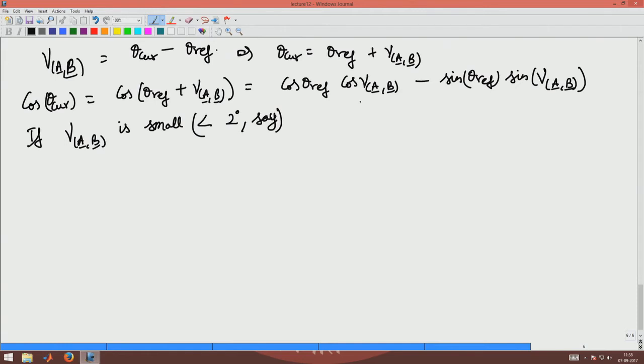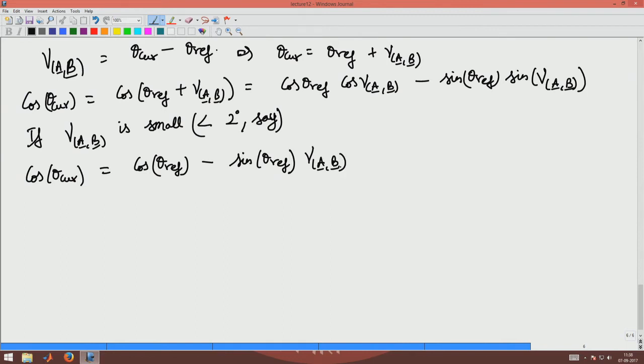For small values, it will be close to 1. Okay. So, cos of theta current would be cos of theta ref minus sine of theta ref times gamma A comma B.